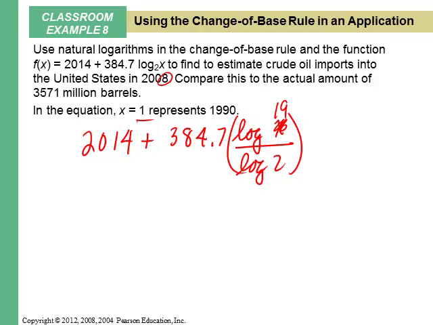So we have 2014, because it's 19 years later, 2014 plus 384.7 times parentheses log of 19 divided by log of 2, and we get 3,648 million barrels, which isn't that bad compared to what they say it is.